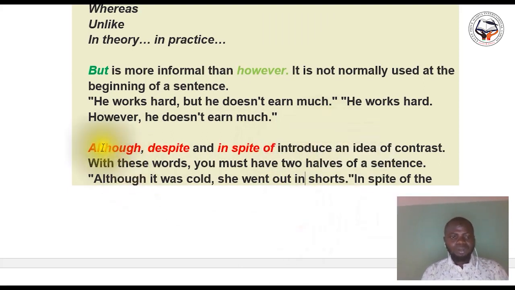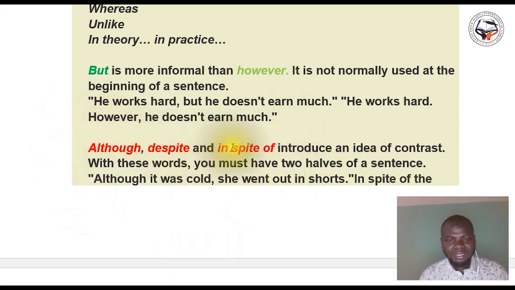A contrast here means an opposition. That is, you can use them if you want to express a sentence like an opposition.